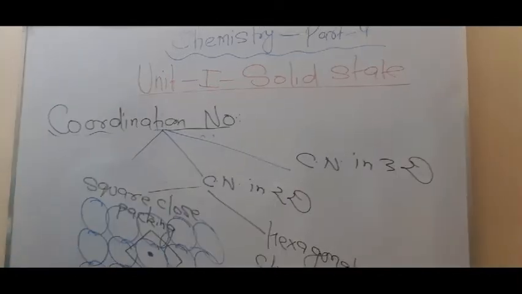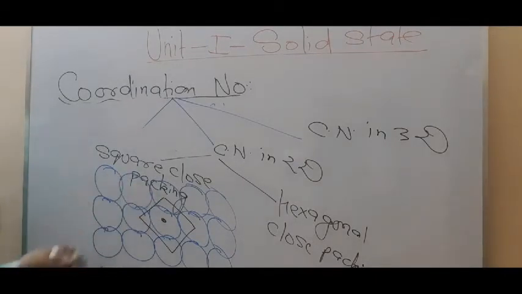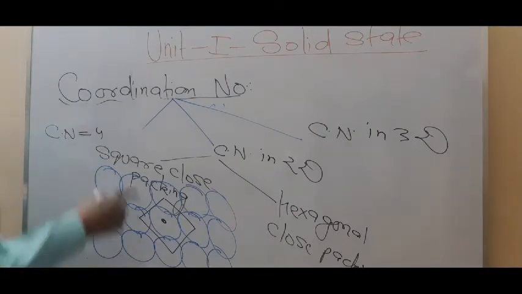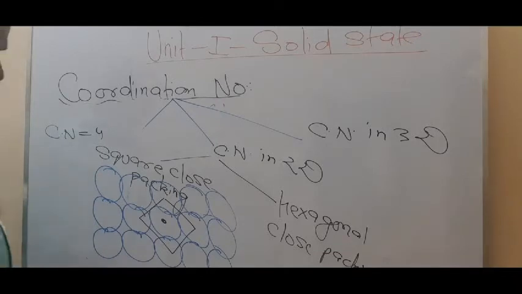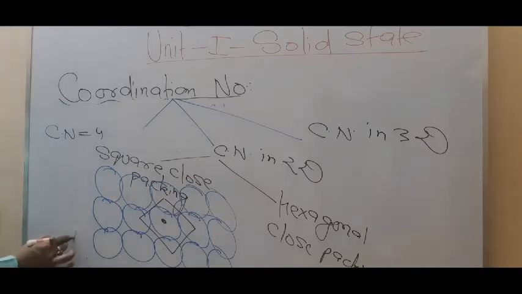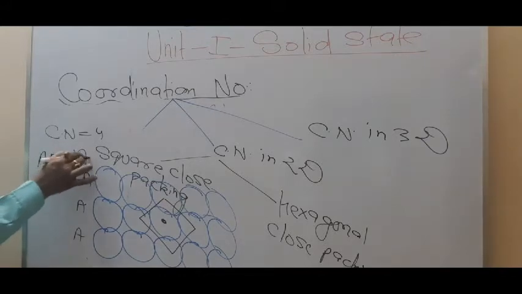Due to the formation of a square, this type of packing is known as square close packing, and the coordination number is equal to 4, because one sphere touches 4 spheres. This is the same layer, this is also the same layer, and this is also the same layer, so this arrangement is known as AAA type arrangement.